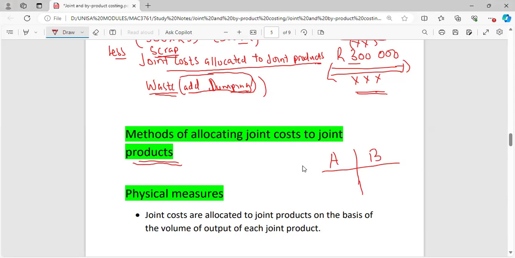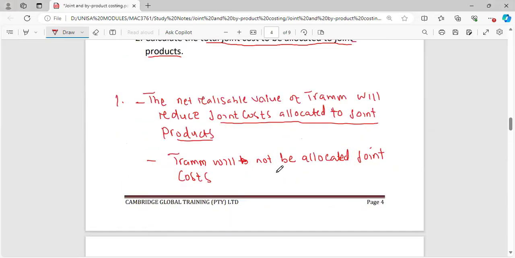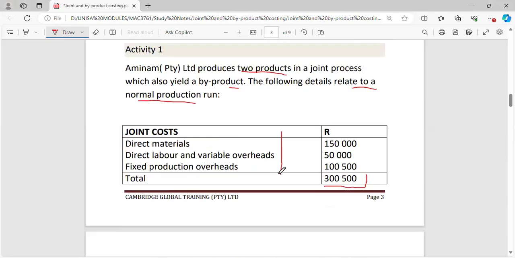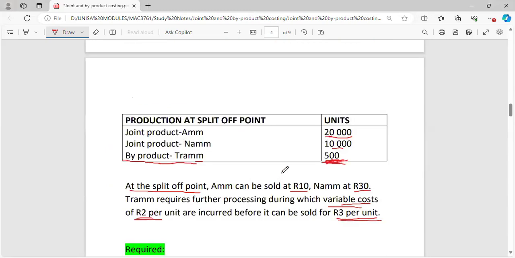How do we allocate? We have the physical measure. Physical measure is all about quantity. These are the joint products.